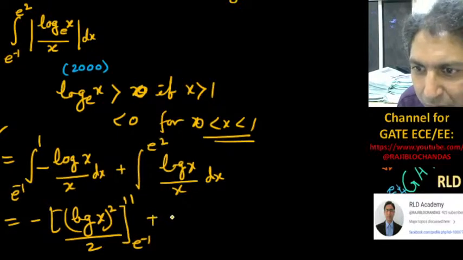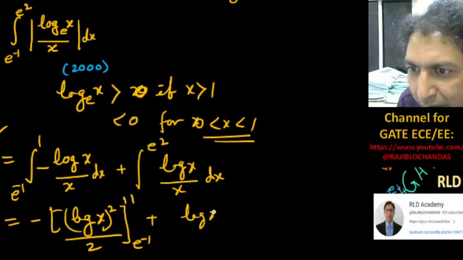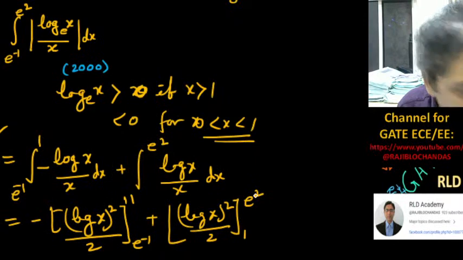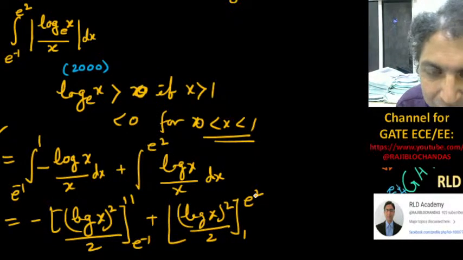The next one is again log x whole square by 2, with limit 1 to e square. Can you compute these limits?